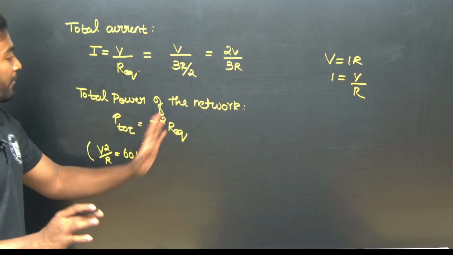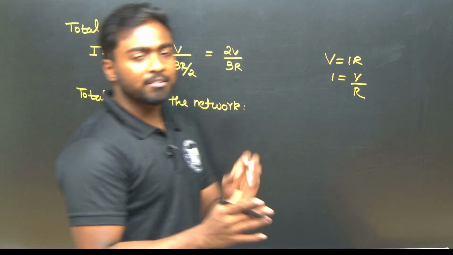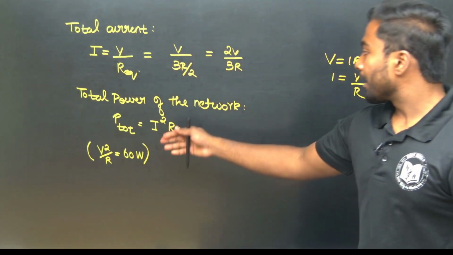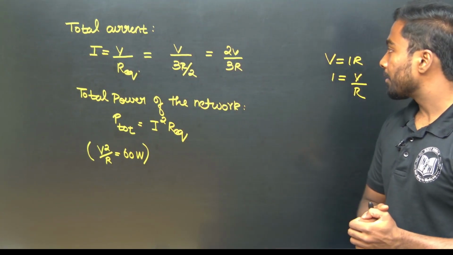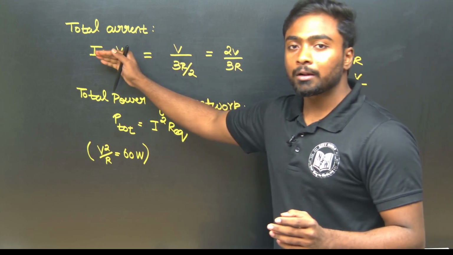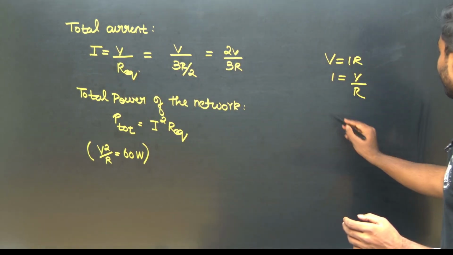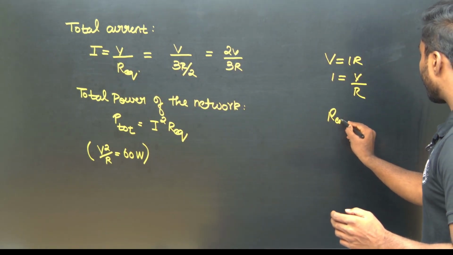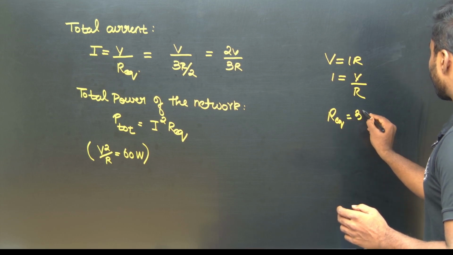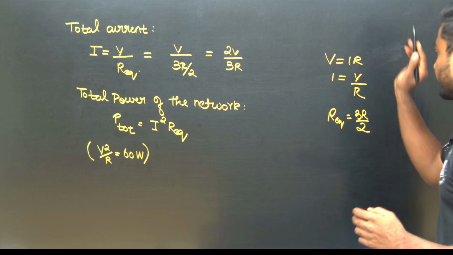Now I need to find the total power dissipated. Power is I square into R equivalent. I know the total current now, and R equivalent is 3R by 2.